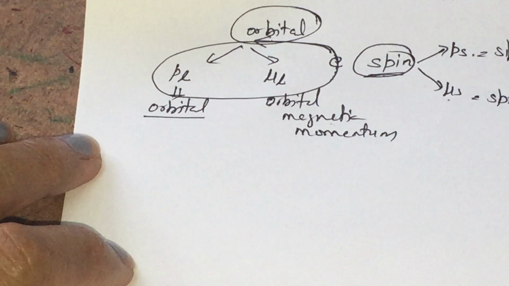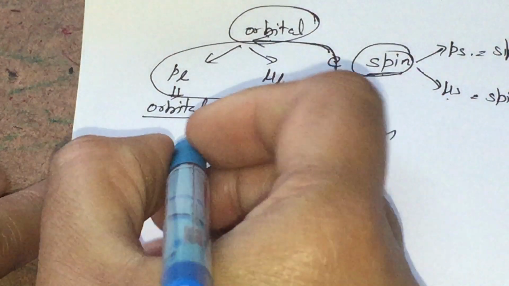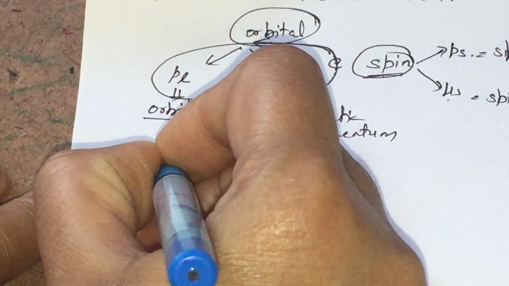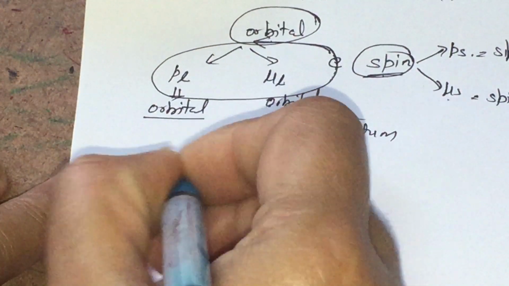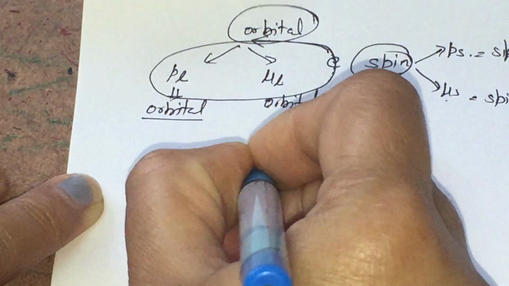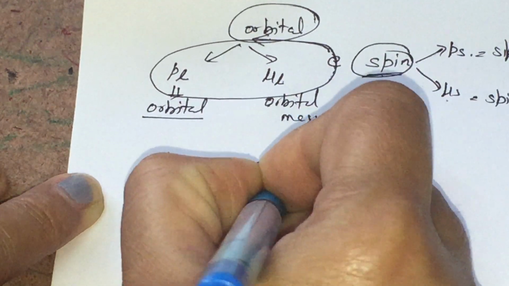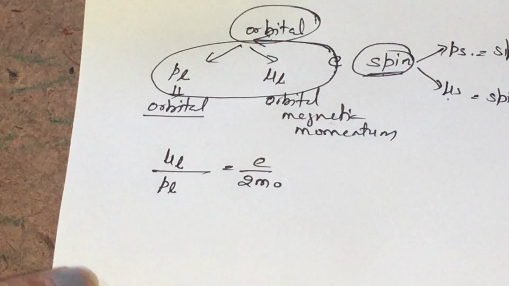And in the last discussion on the normal Zeeman effect, we found that the ratio of the orbital magnetic momentum to the orbital angular momentum is e upon 2 m naught, where e is the charge on an electron and m naught is the rest mass of an electron.